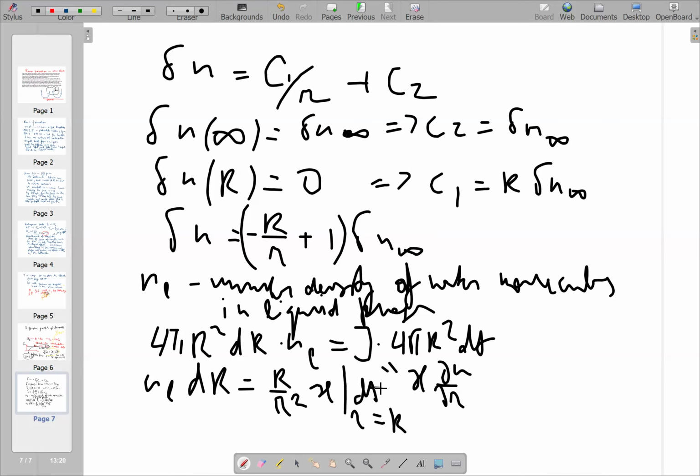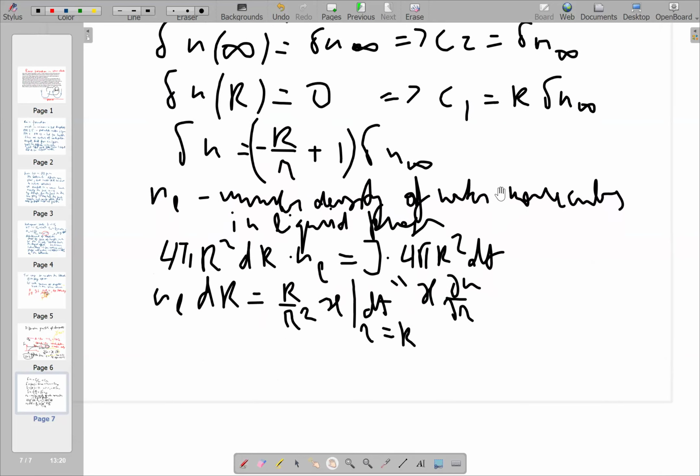This is our mass balance. And now from here we can finally obtain that R dR equals kappa divided by n_L and dt.